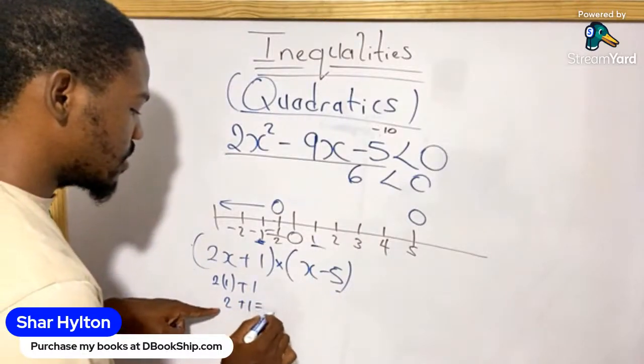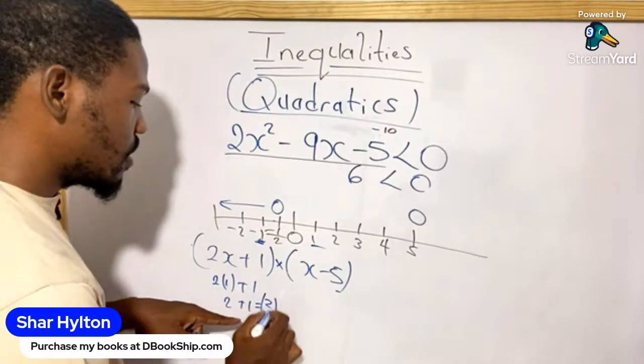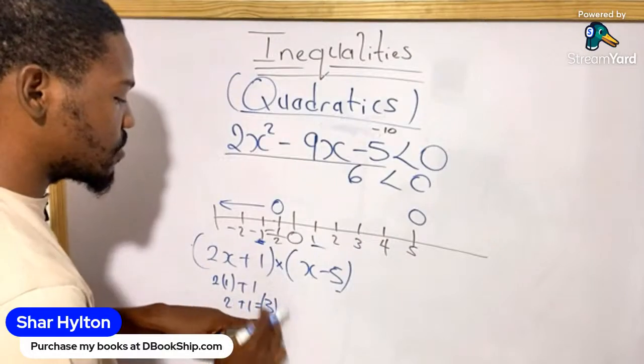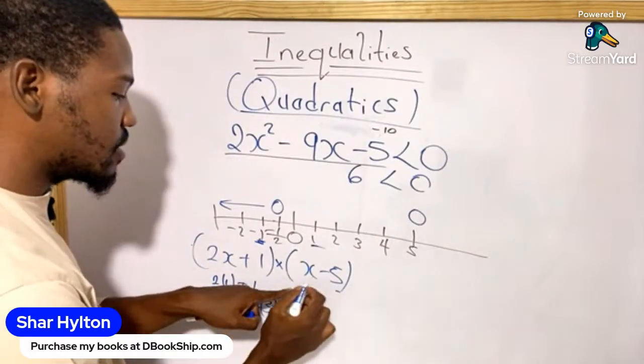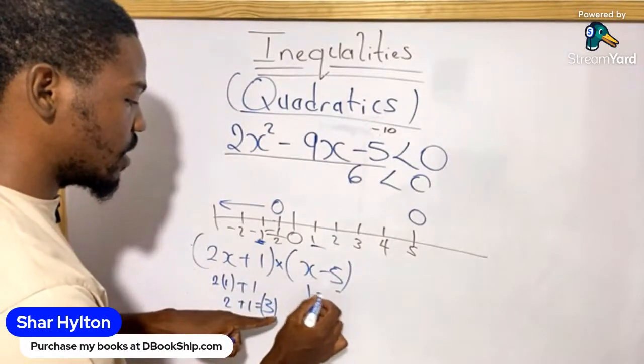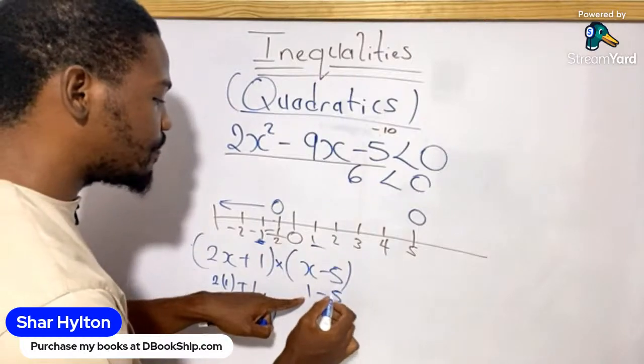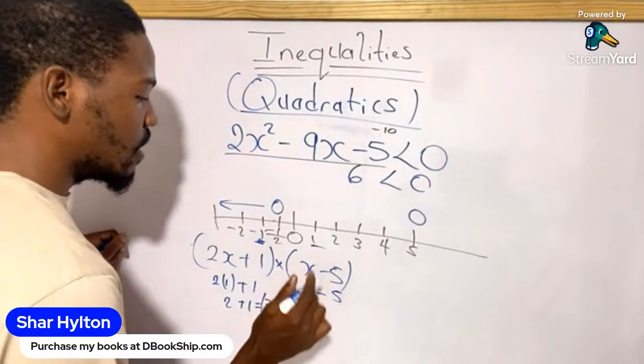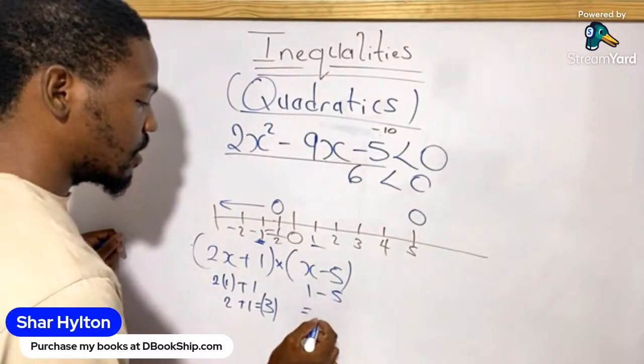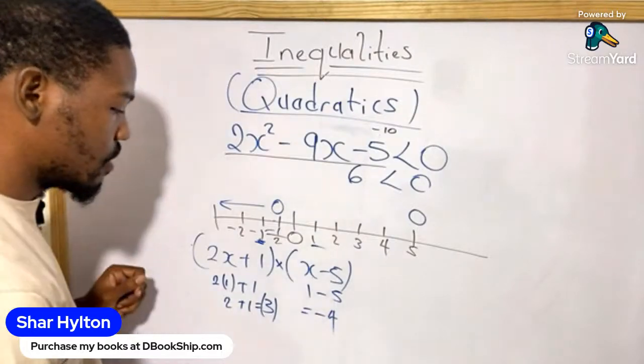Again with x as 1, 1 minus 5 is going to give me -4.